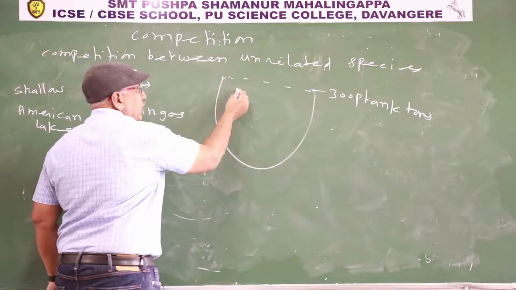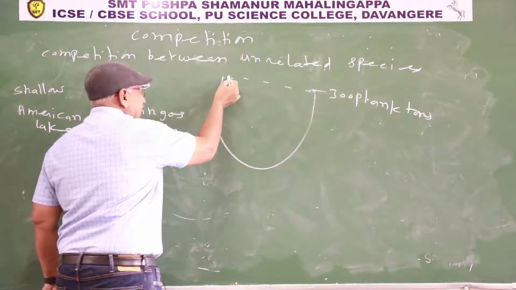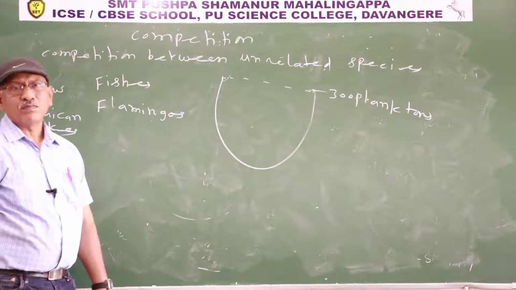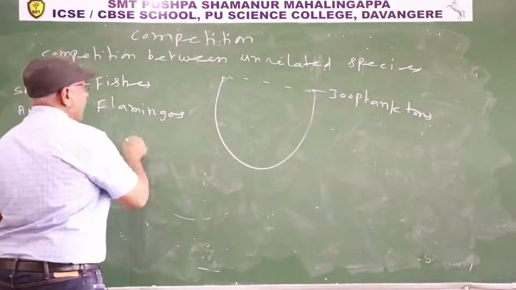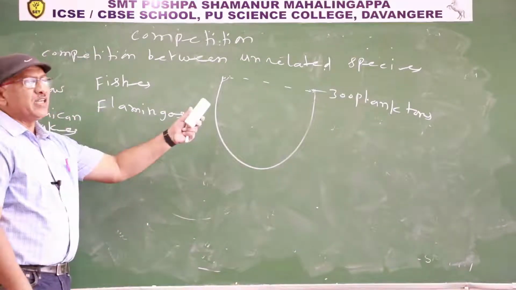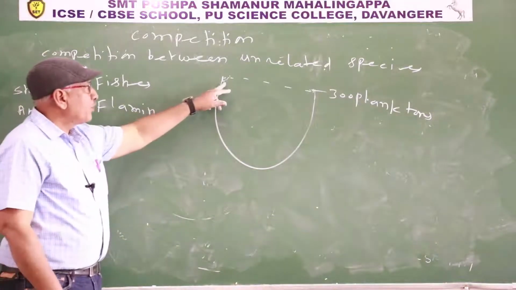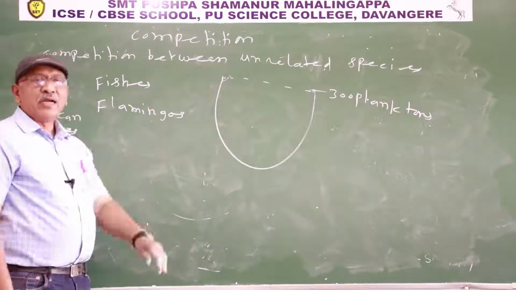The fishes feed on zooplankton present near the shore and immediately take rest on the shore. The flamingos visit the shallow American lakes for only 3 months. They also try to feed on zooplankton available at the shore.